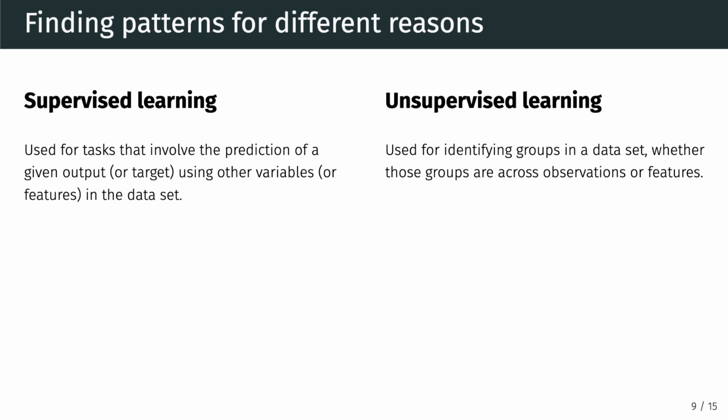Or what we call a target variable, based off of other input variables or features in the data set. Then the other task is unsupervised learning. And the idea behind this is using information about our observations or common characteristics within our data in order to group data, whether that be across observations or variables or columns.